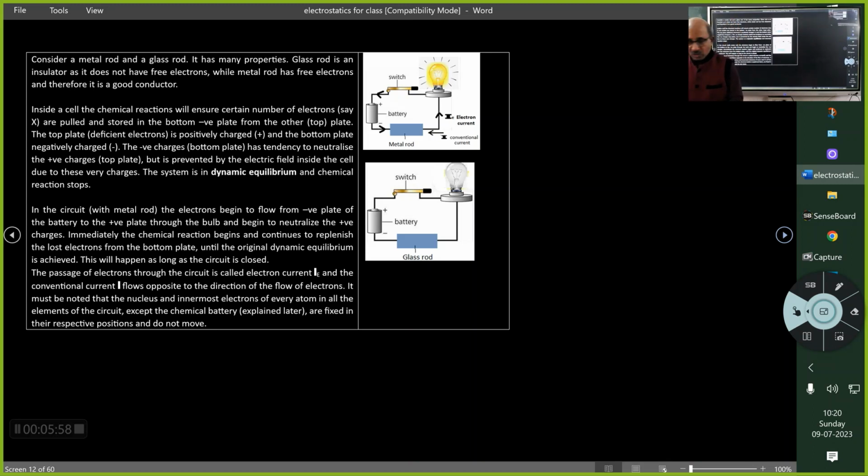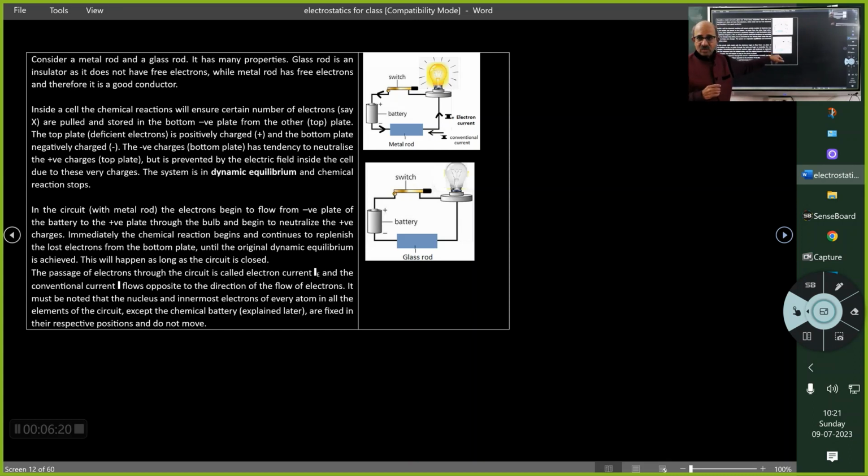What will the electric field do under different situations? That is what we are going to understand. Right? Now, in this situation of a metal rod, the electric field in the metal rod will push the free electrons in the metal rod. The free electrons in the metal rod will act like charge carriers and the bulb glows.